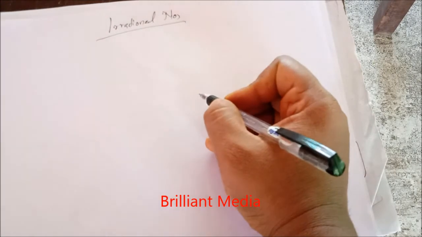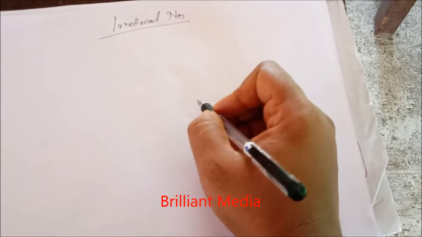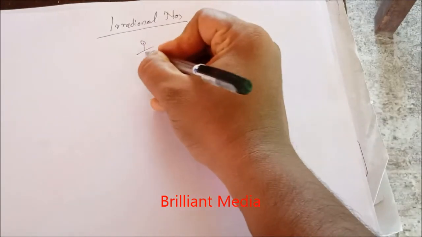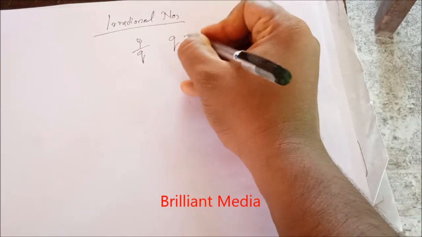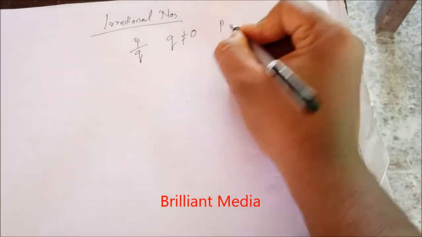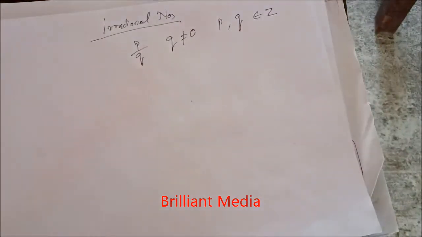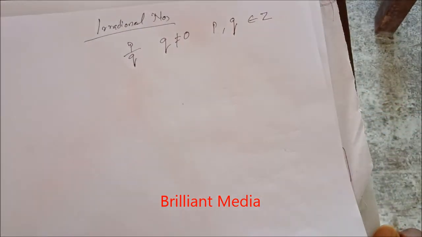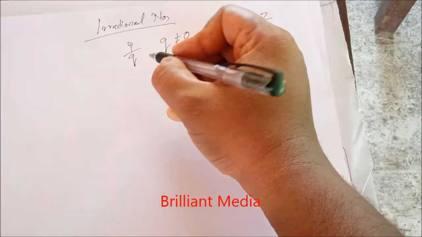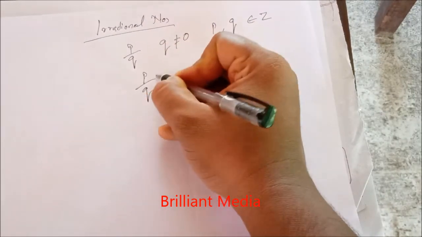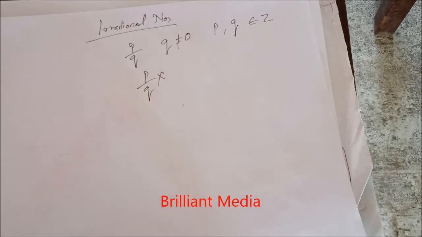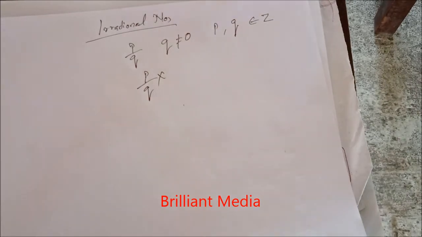Yesterday I discussed what rational numbers are. Rational numbers can be expressed in the form p by q, where q is not equal to 0 and p and q are integers. These are the conditions for rational numbers. If we cannot write a number in the form p by q, then we can say it is an irrational number.